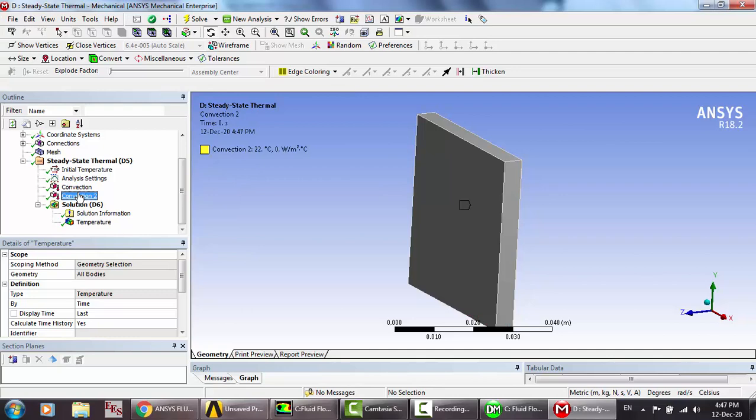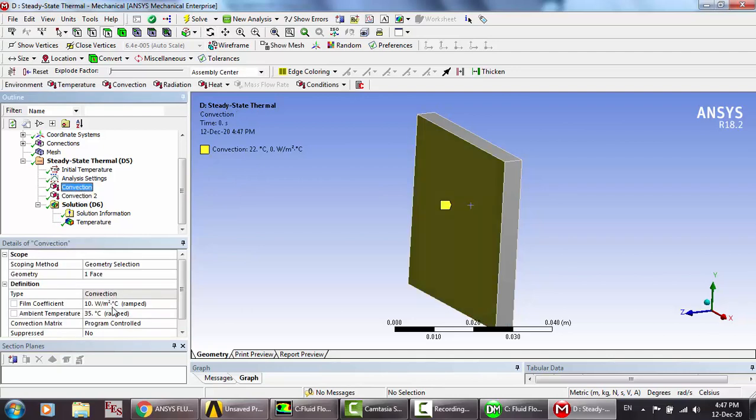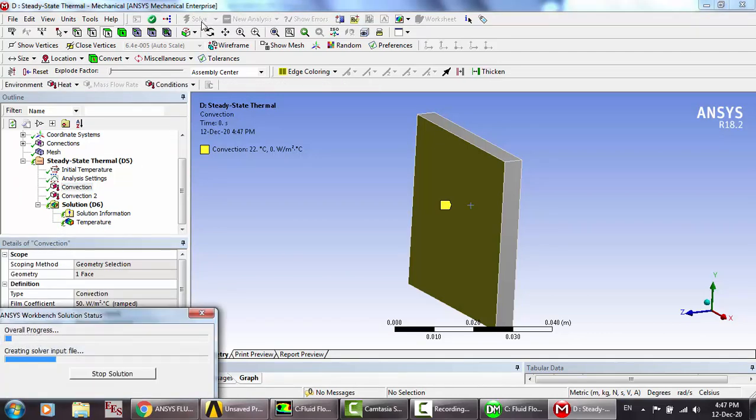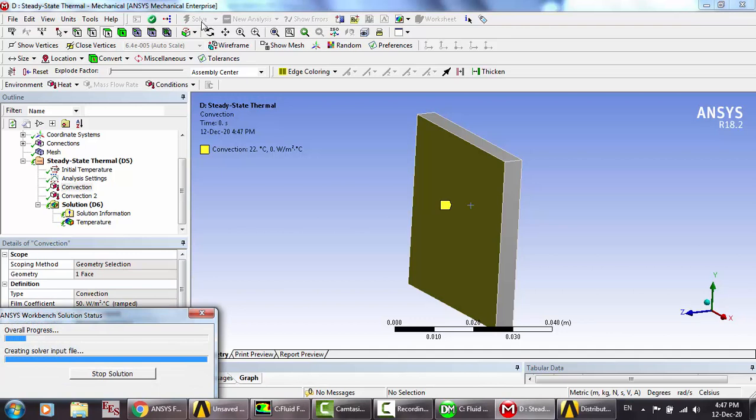Okay, now let's make some changes. Let's increase this to 50. Remember that when we increased the H in Fluent, the temperature of the surface increased.